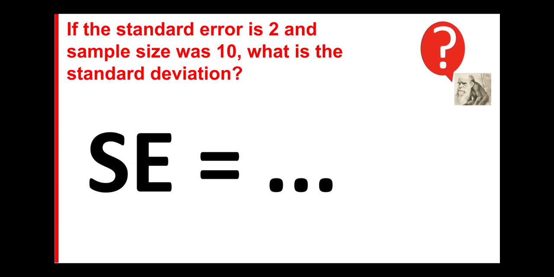You don't always have the information you want, so you take the information you're given and calculate what you need. I often need to know the standard deviation of data for my work, so I take the standard error and the sample size and work backwards. So go ahead, if you're taking this class, pause the video and do this calculation, enter it into the course software, and then resume.